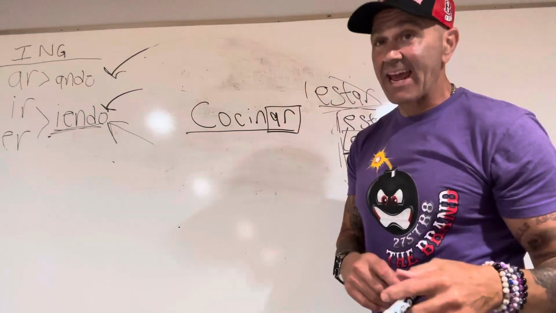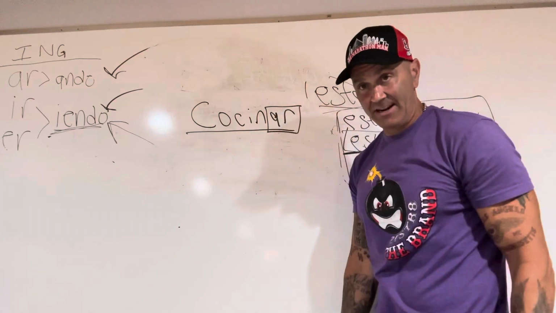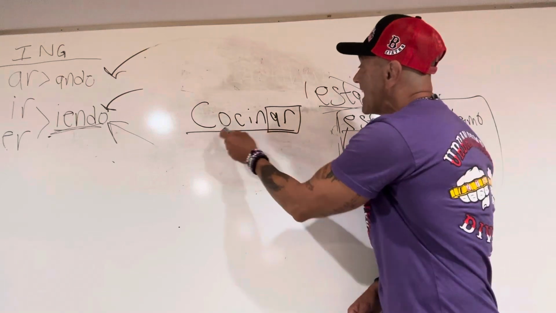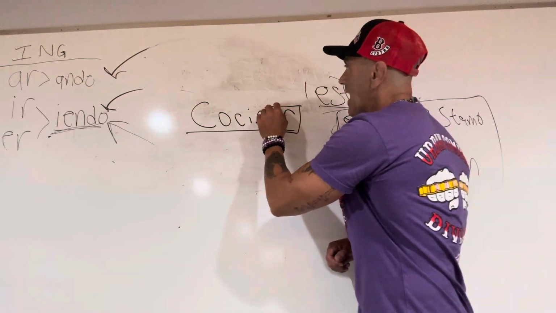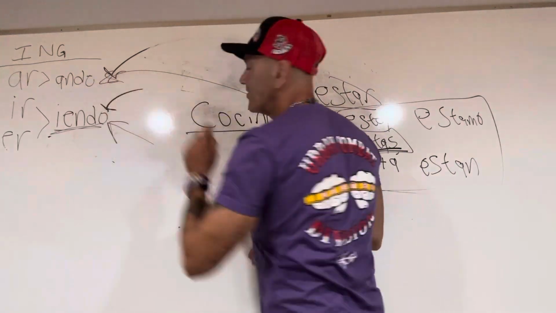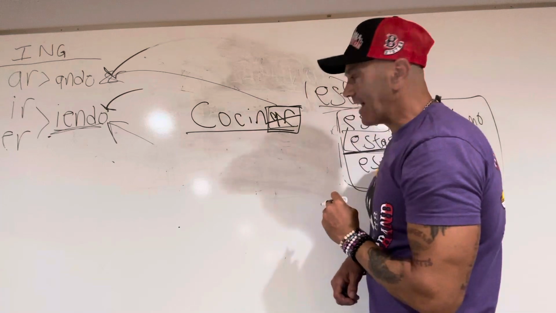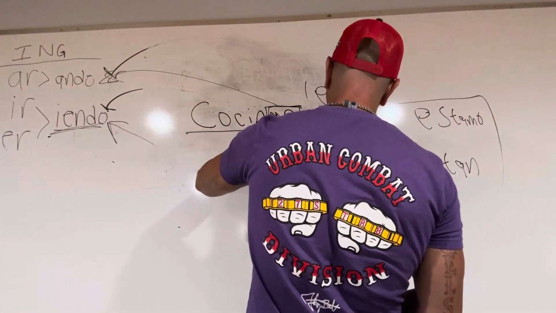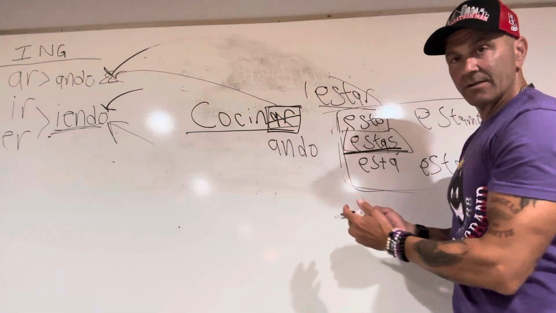And if it ends in ar and it's a verb, it's an infinitive verb. It's not yet conjugated. And all we're concerned about today is making this say cooking. So it ends in ar. We take off the ar and add ando. So it's cocinando. Right? There it is, cooking.